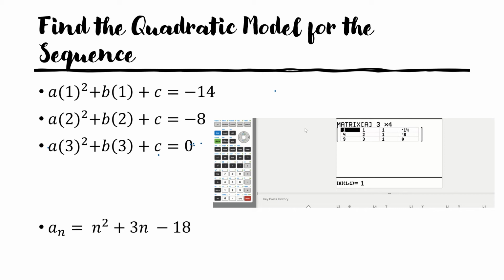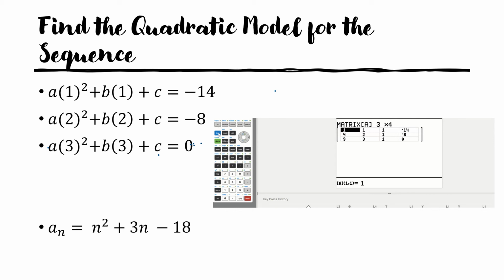And then in my third row, corresponding to my third equation, which was A times 3 squared, or 9, plus B times 3 plus 1C equals 0. And from there, we're going to use reduced row echelon form, and then we're going to build the quadratic model for this sequence.